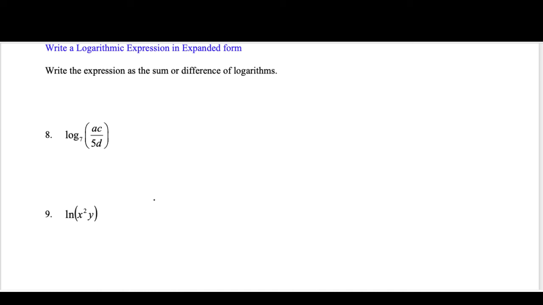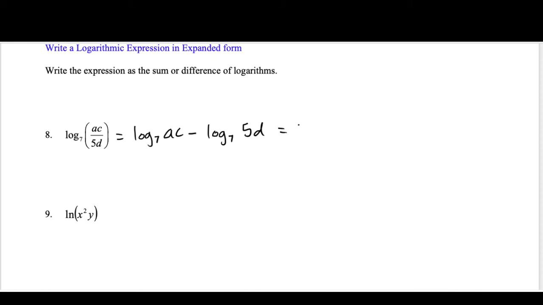With this first one here, log base 7 of AC divided by 5D, I could start by applying the quotient property and write this as log base 7 of A times C minus log base 7 of 5D. And then I can apply the product property to each of those.